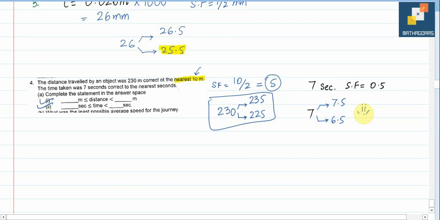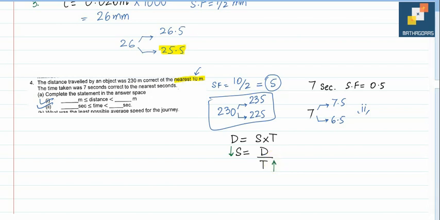What was the least possible average speed? Now, how are you going to find average speed? We know that distance is equal to speed multiplied by time. If I make speed the subject, speed is equal to distance upon time. Now we need to find the lowest possible value of speed. For the lowest possible value, time must be highest and distance must be lower.